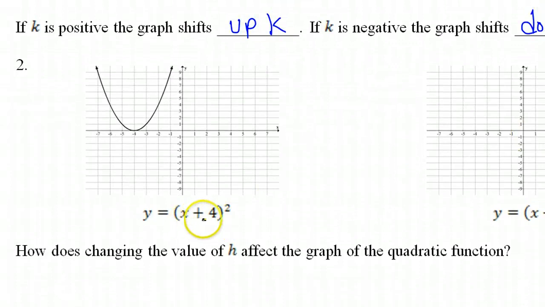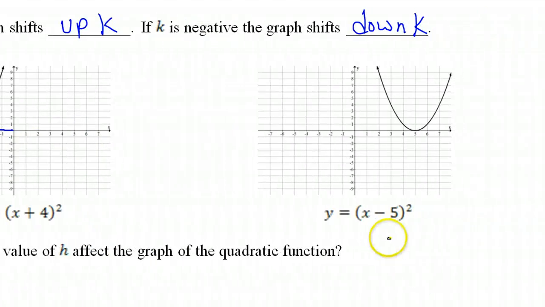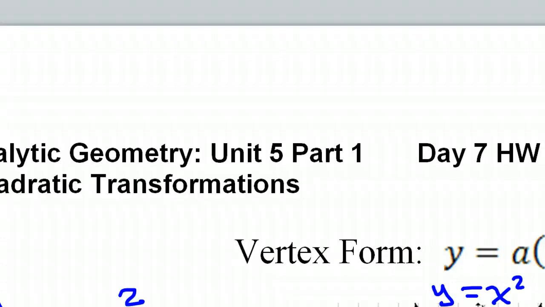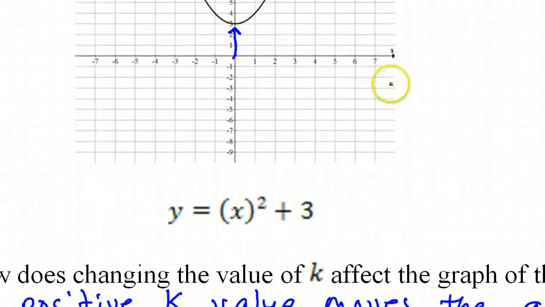You'll notice we have a plus 4 on the inside, and yet the graph has shifted to the left by 4. And let's look at this one. Here we have a minus 5, but you see the graph has shifted to the right by 5. So this is kind of the opposite of what you normally would expect to happen. Am I right?